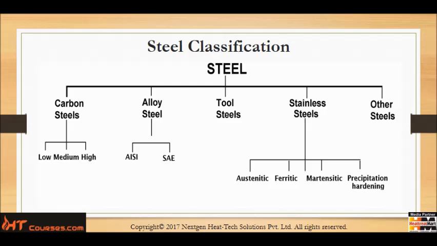Here once again the classification in a little clearer form, where we have left hand side carbon steels, where the carbon steels are low alloy materials, and we have low carbon, medium carbon, high carbon. Then we have the alloy steels, and you could group those under AISI, SAE, then the tool steels, stainless steels, and other steels. Those are the special steels.